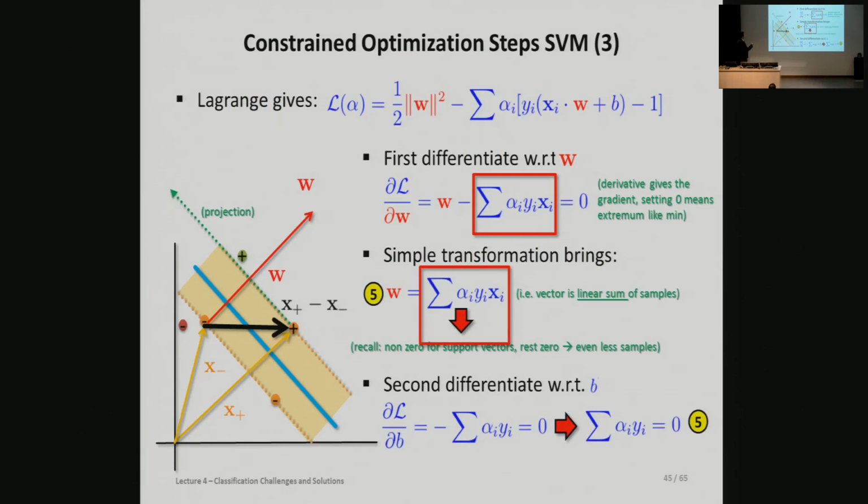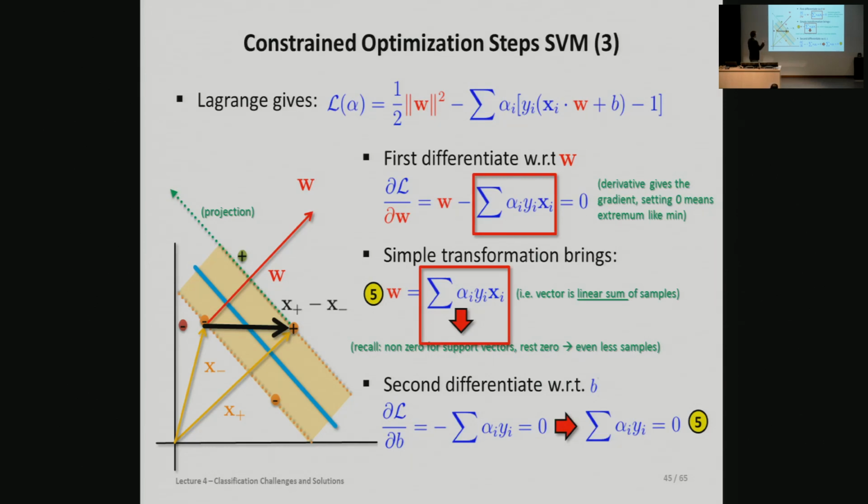You take the derivatives of this interesting equation that we have here, the Lagrange equation. You differentiate it with respect to w first, and then with respect to b. Right? So you have two derivatives, which is nice because they have certain properties we will look into. So we first differentiate and get this interesting term here, because mostly we look where w is.